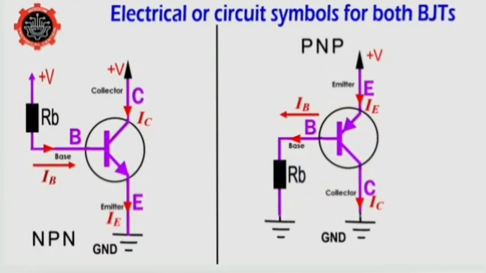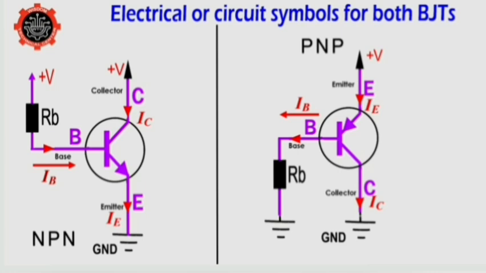The collector current IC flows inward to the NPN transistor, and the emitter current IE flows outward from the transistor in the direction of the emitter arrow.